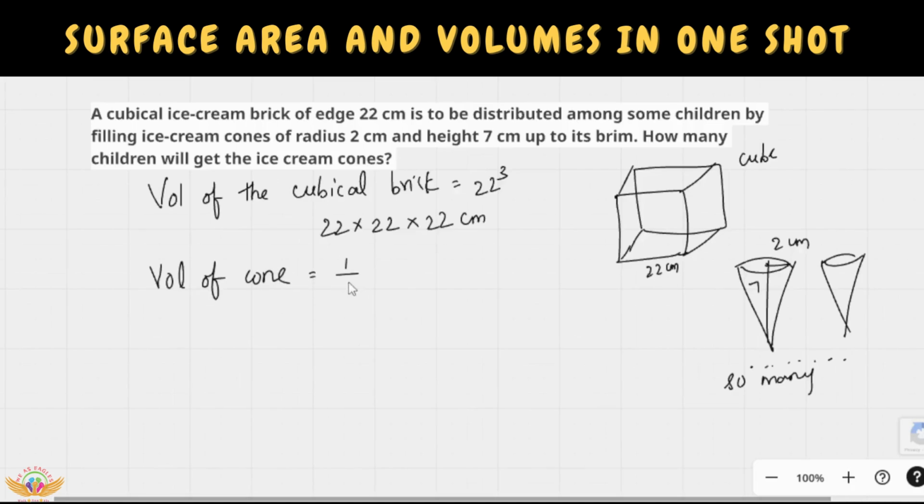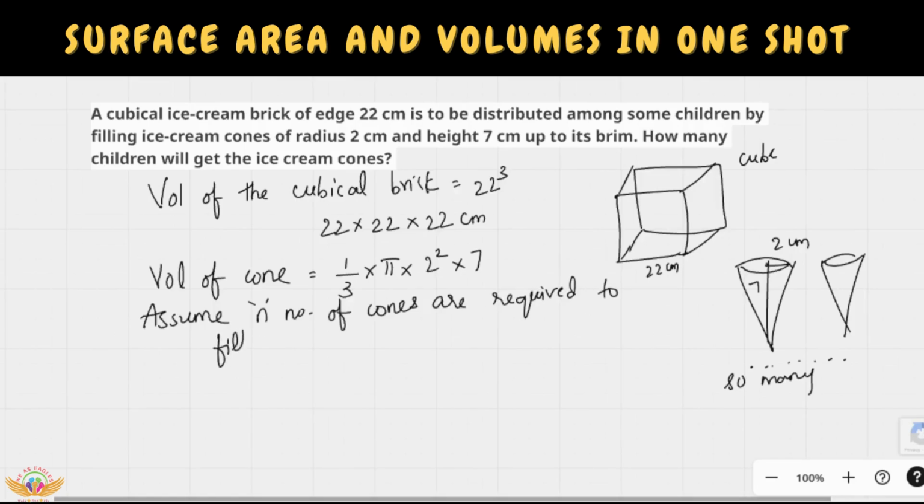So volume of cone, we know it as 1 by 3 into pi into r square, 2 square, into 7. And we don't know how many cones we need to fill this entire cube. So I'm assuming that n cones are required to fill the full cube of ice cream.